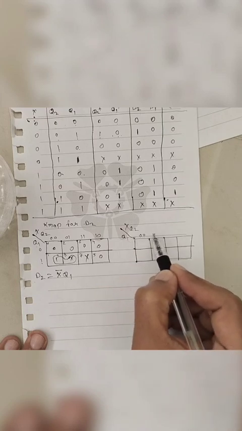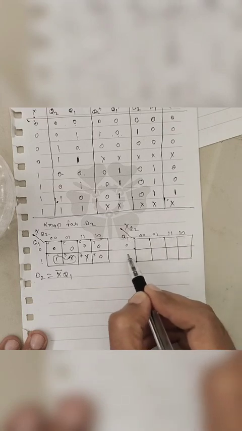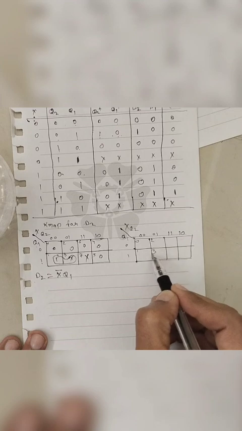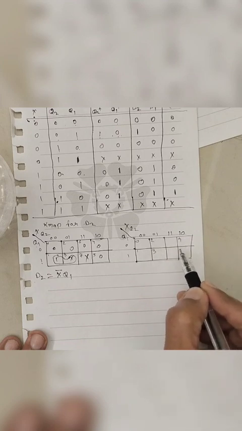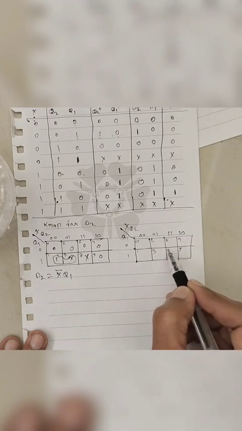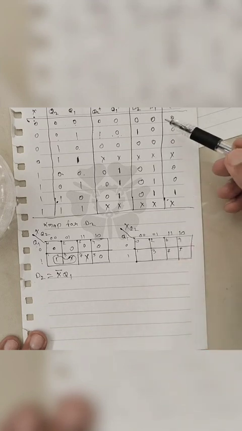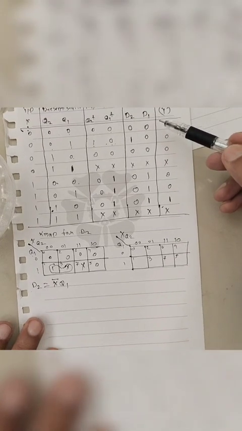Next is the K-map for D1. X, q2, q1. You already know the K-map of the 3 variable. Now see the column of D1: 3 times 0, cross mark, 3 times 1, and cross mark.